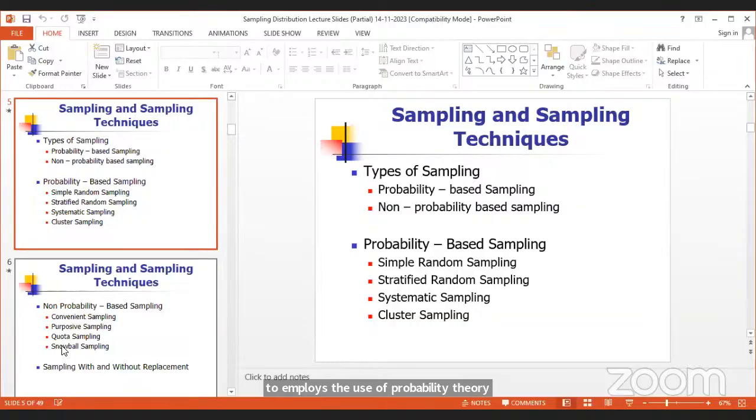So examples of probability sampling include simple random sampling, stratified random sampling, systematic sampling, and then we also have cluster sampling.